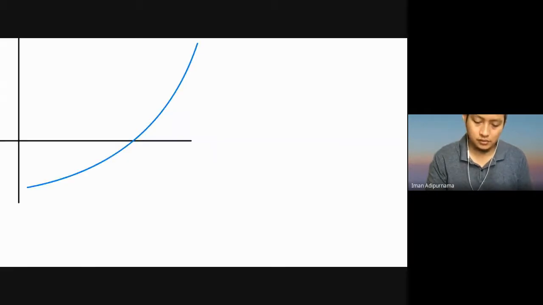Okay, let me draw just a random function. Okay, that's just like that. And then I will make a tangent line, maybe here.